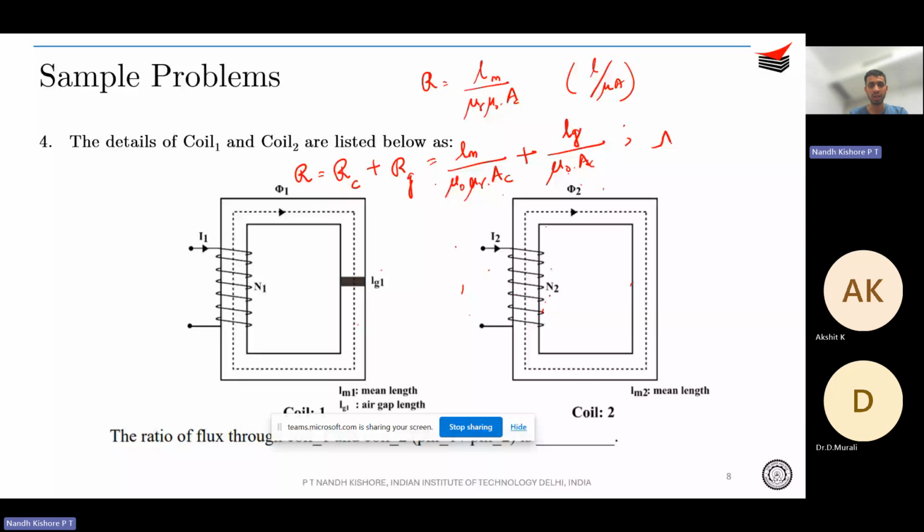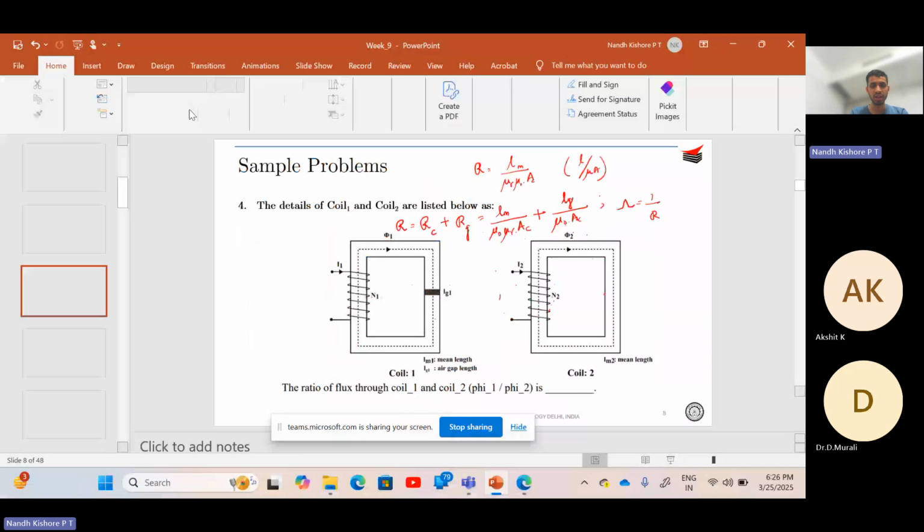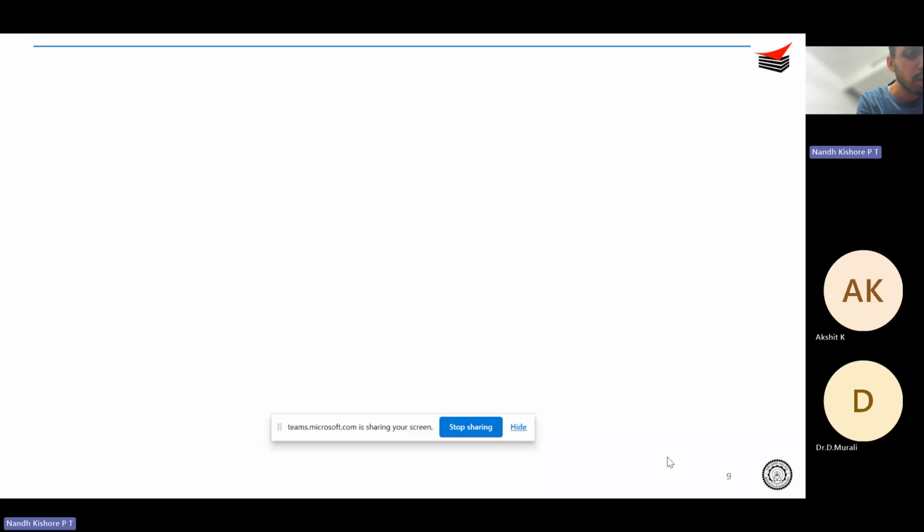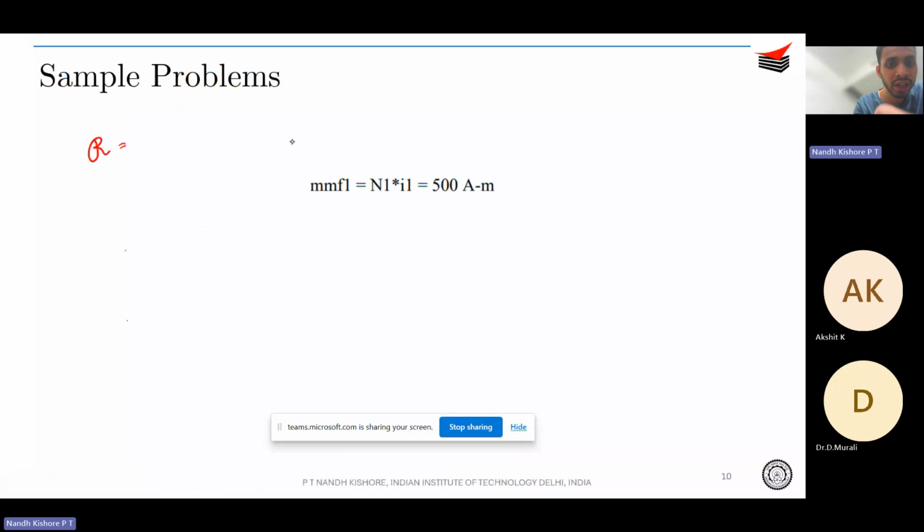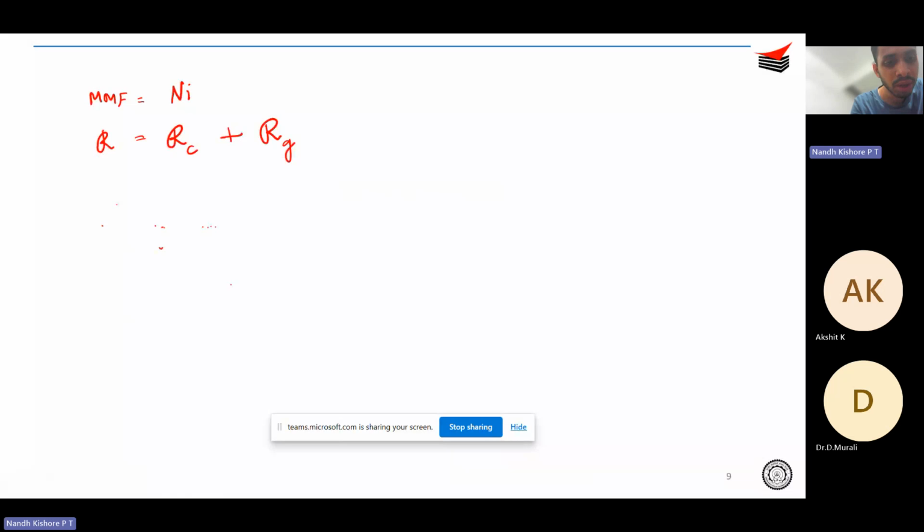From the given diagram itself, you can understand this. Okay, so I'll just take a new slide over here. The point that we were making is MMF is basically N into I, and reluctance is equal to the reluctance of the core plus the reluctance of the air gap, which I call Rg.